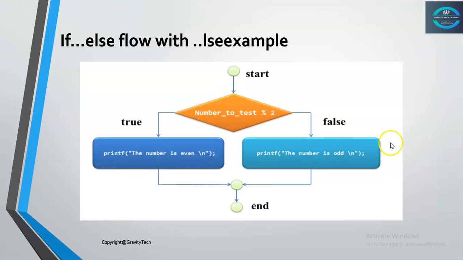If the remainder is not 0, then it is an odd number. So it's pretty simple. The user will enter the number. We will check this condition, number % 2, which means remainder. If number % 2 comes to 0, that means true, then it is even, otherwise it will be false. We'll cover the example soon.